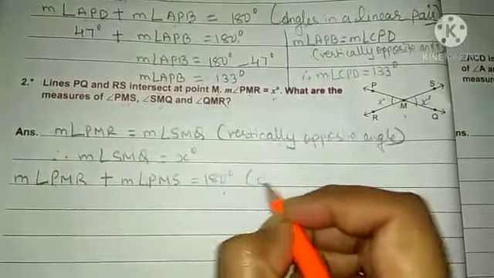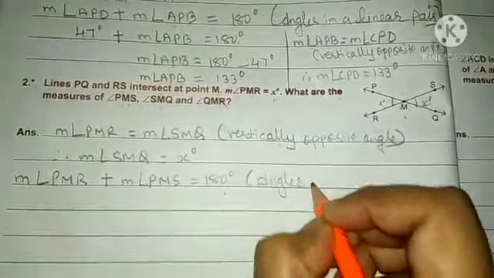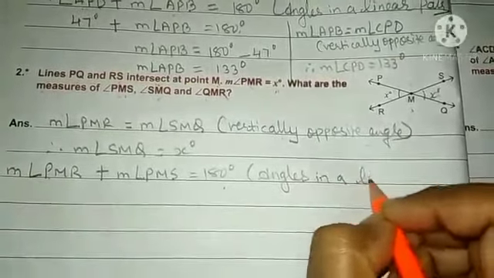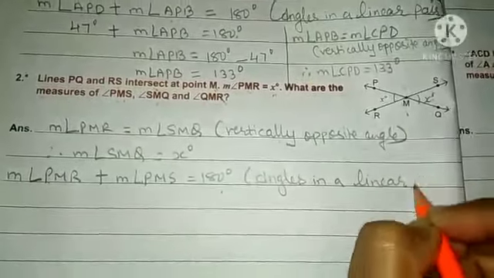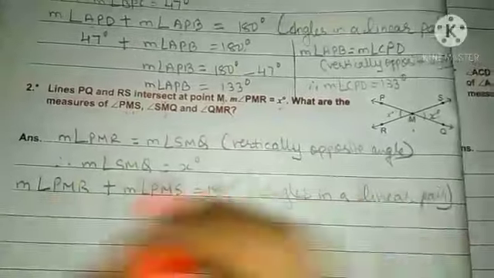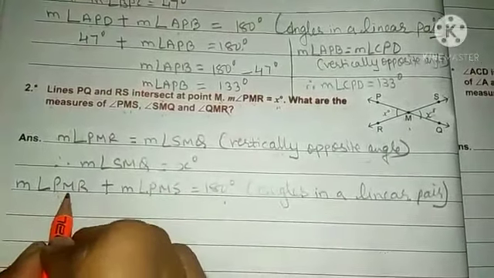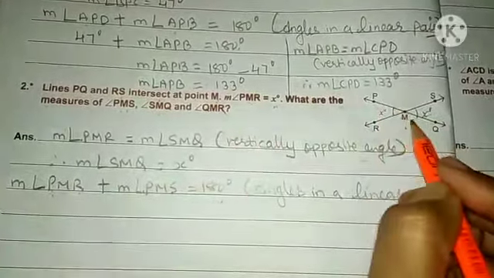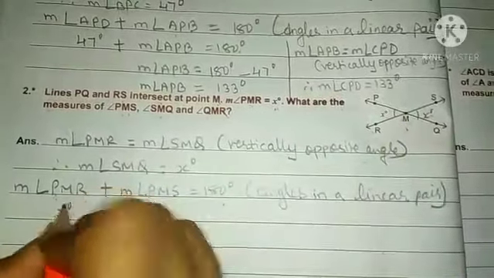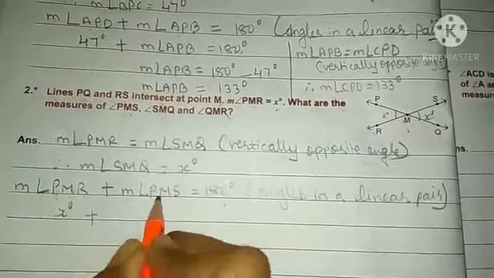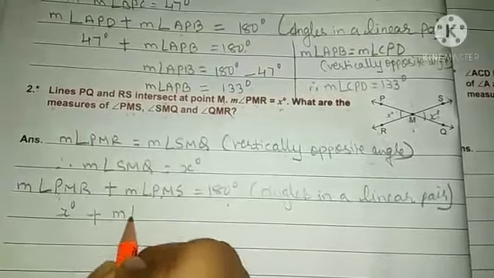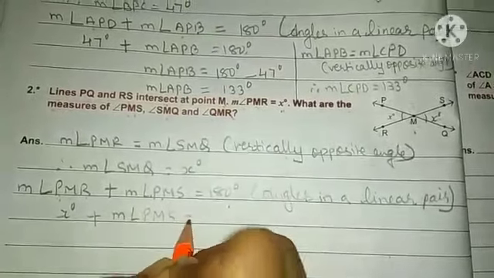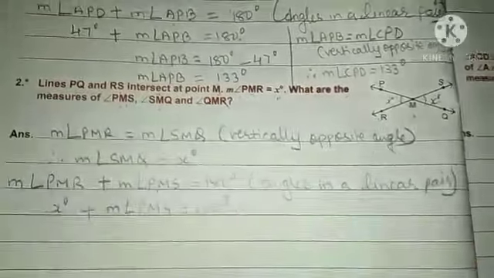So here you will write down angles in a linear pair. So what is the measure of angle PMR? Measure of angle PMR is x degree. We don't know the measure of angle PMS, so write down as it is. x plus measure of angle PMS is equal to 180 degree.